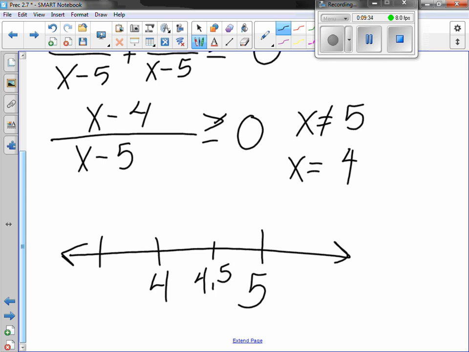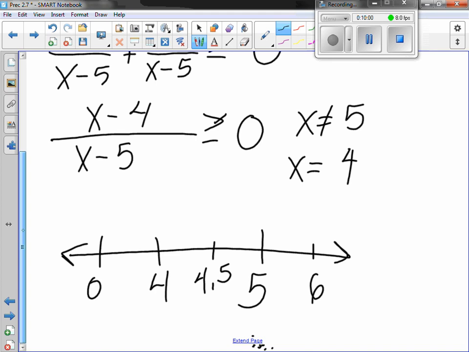4.5. What's a number I can pick less than 4? There's only one number I'm ever going to pick that's less than 4. If I can pick 0 as an option to check something, I'm always going to pick 0, because anything times 0 is 0. It makes this thing easy to figure out.